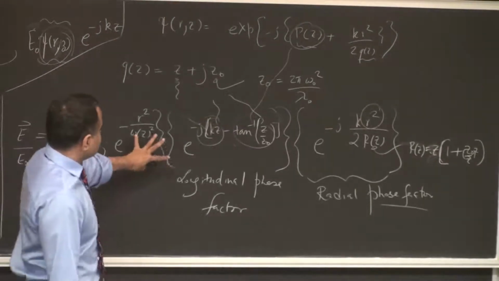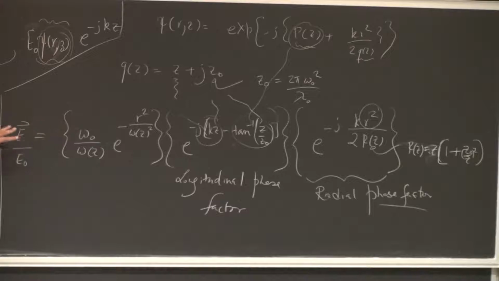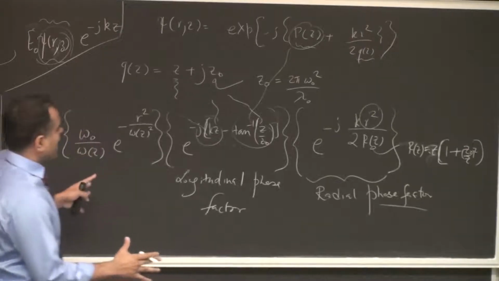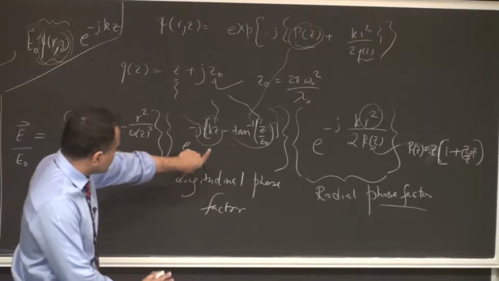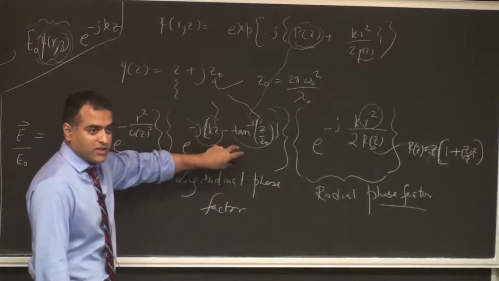But I want to just say that this is not the only solution. As you know very well, yes, you found a solution, but you must account for the possibility that there are other solutions that look kind of like this, but may not be exactly like this, and all of them are still allowed.